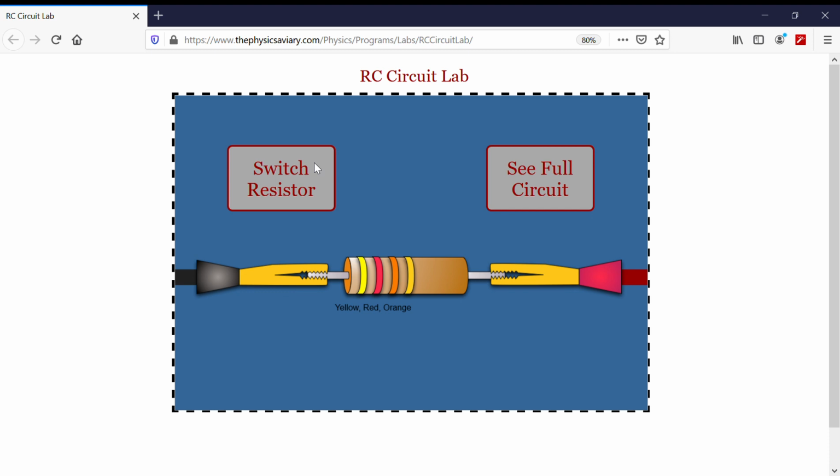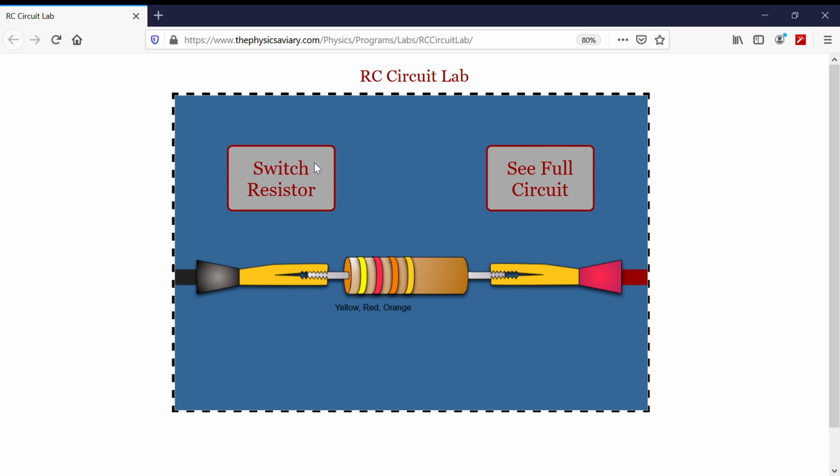Okay, so the convention in this simulation is that our resistors will be 4-band color coded. Okay, so we'll use 4-band color code resistors. Now, what does that mean?